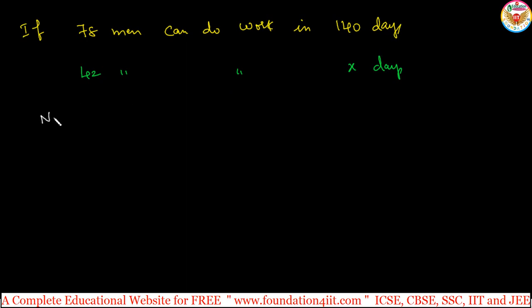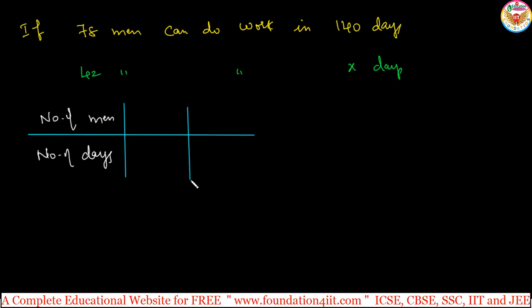If you make the table, number of men and number of days: 78 men take 140 days, and 42 men take x days. Always the first one is the x quantity and then the y quantity. So x into y is constant.